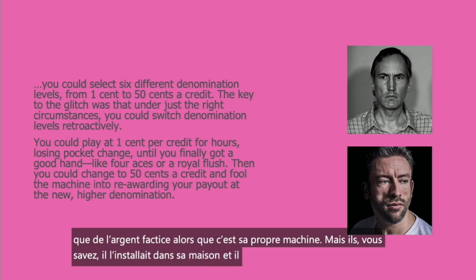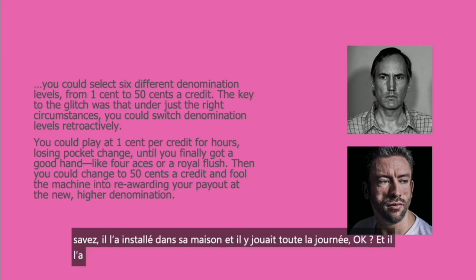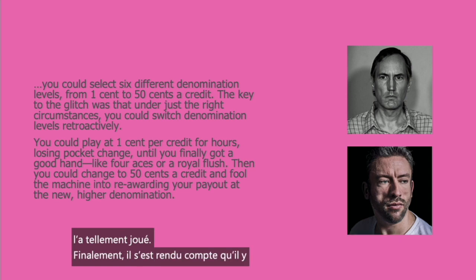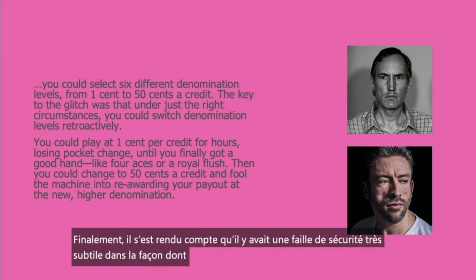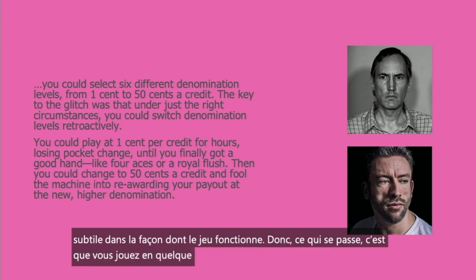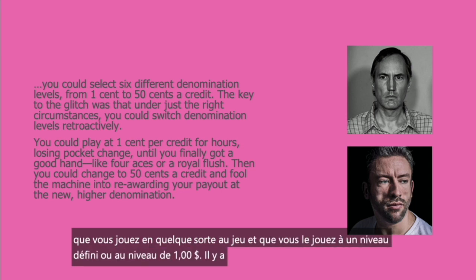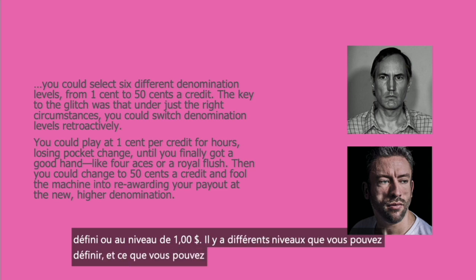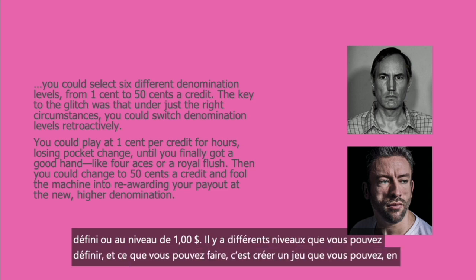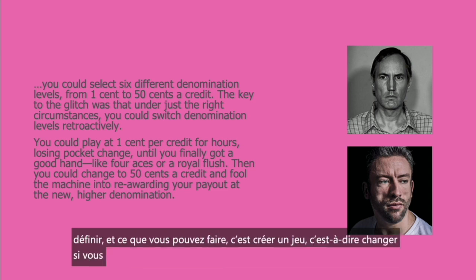And he played it so much that eventually he realized there's a very subtle security flaw in the way the game works. You're playing the game at like the 1 cent level or the $1 level. There are different levels that you can set, and mid-game you can switch from 1 cent to $1.